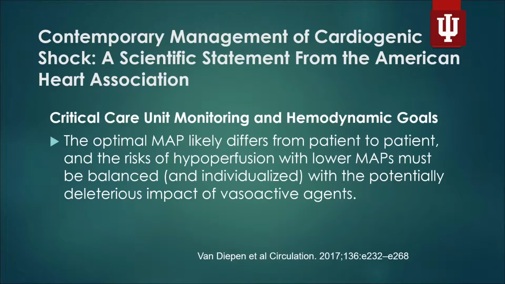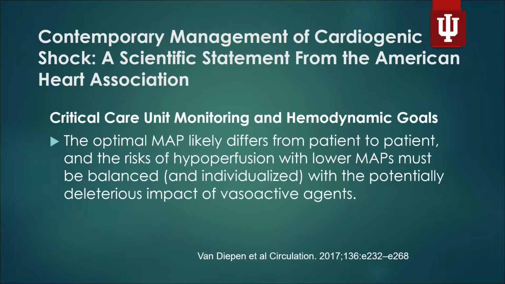But we all know that we typically target mean arterial pressure 65 and above, so I started digging into where it is coming from. Basically, all the recommendations for hemodynamic goals in shock are coming from the studies in septic shock.